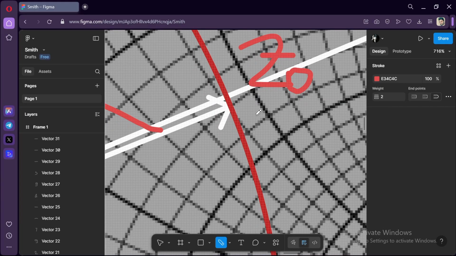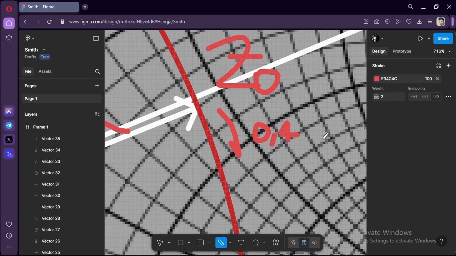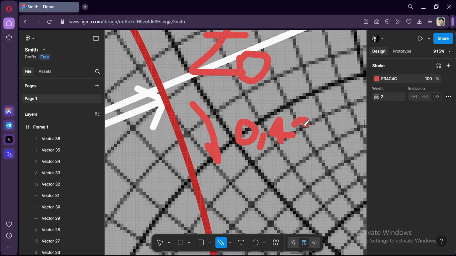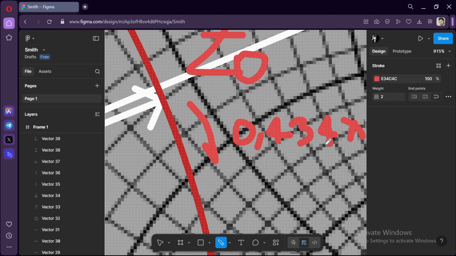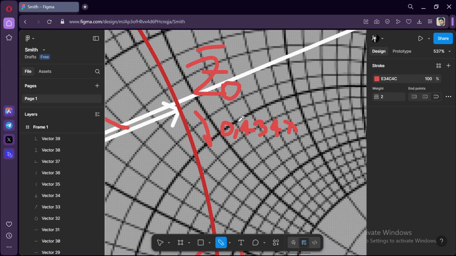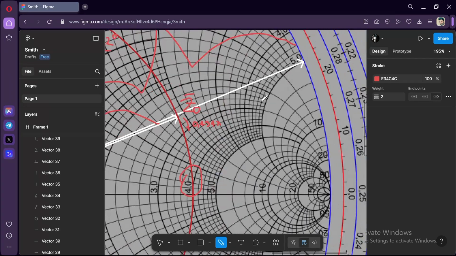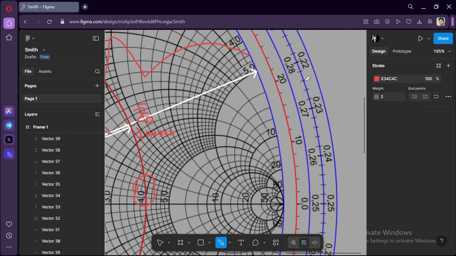From this point we need to travel in the clockwise direction, and the lambda value, this one. But we need to find this point here in the lambda values place.